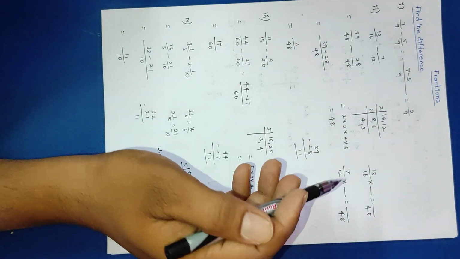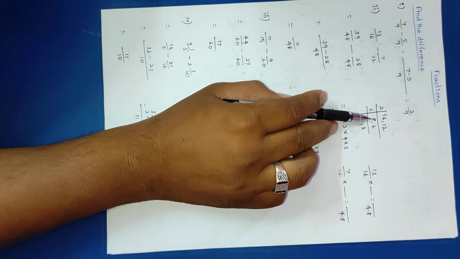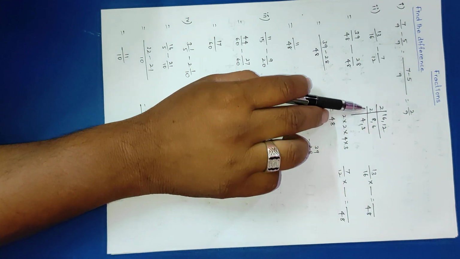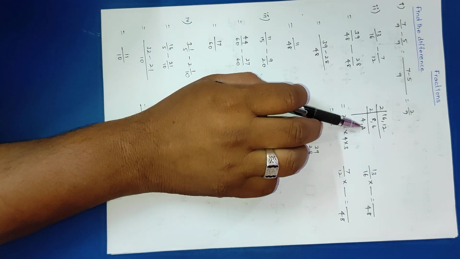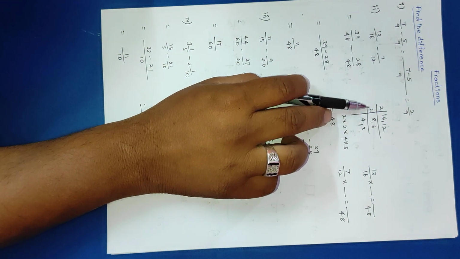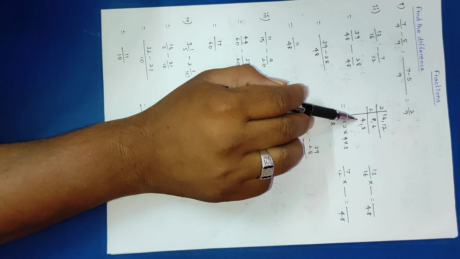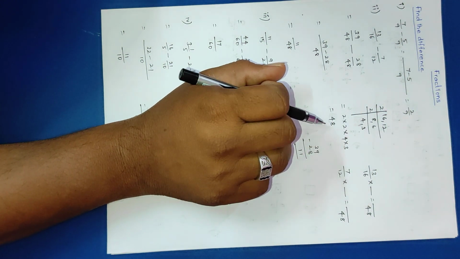Among them, take the first prime number. 2 8s are 16, 2 6s are 12. Again, 2 4s are 8, 2 3s are 6. Now 4 and 3 don't have a common factor. You multiply all these numbers: 2 2s are 4, 4 4s are 16, 16 3s are 48.